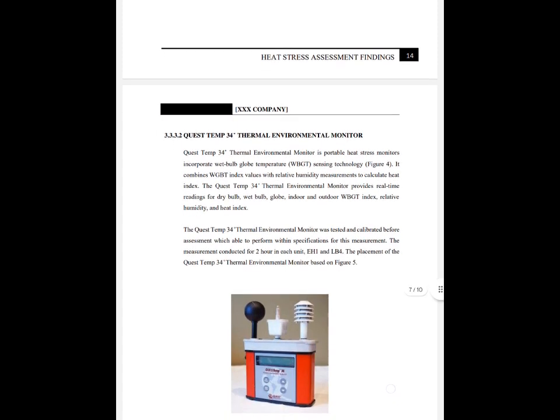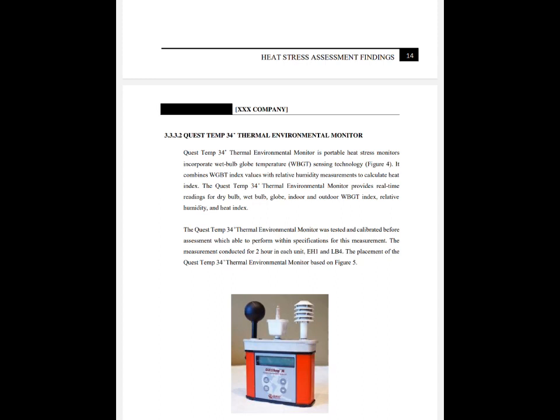All right, so here we can see that they mention these instruments, these equipments, are tested and calibrated before the assessment. But for the testing and calibration, since we don't have an appendix here, we cannot see when the instruments were tested, or whether the calibration is okay or not.